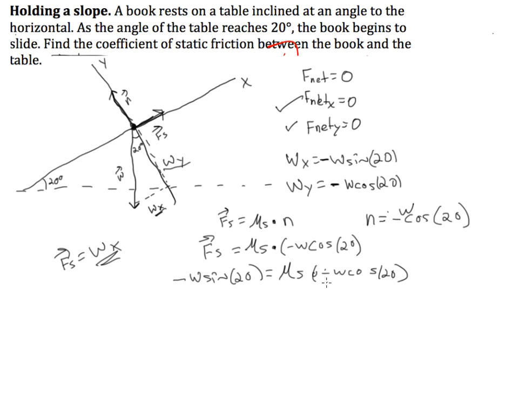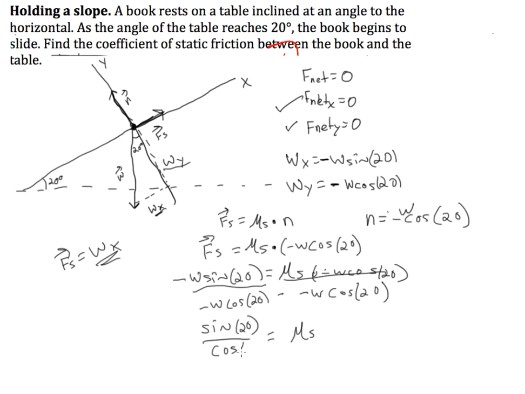So we can go ahead and divide both sides by negative W cosine 20. And we wind up with mu s equals sine 20 over cosine 20.